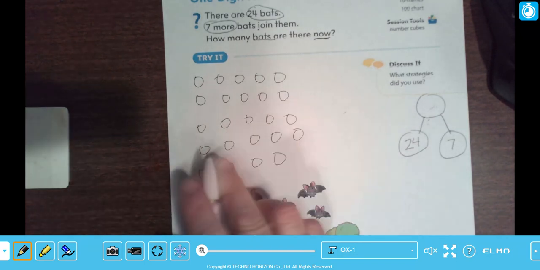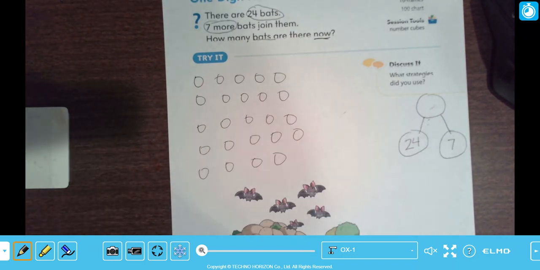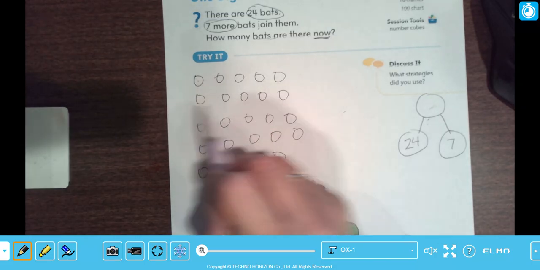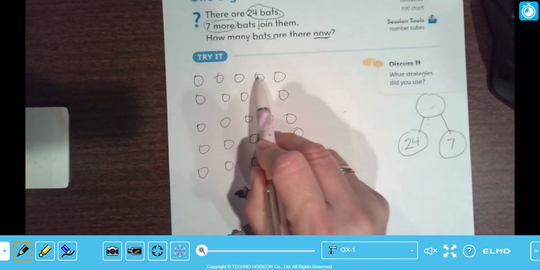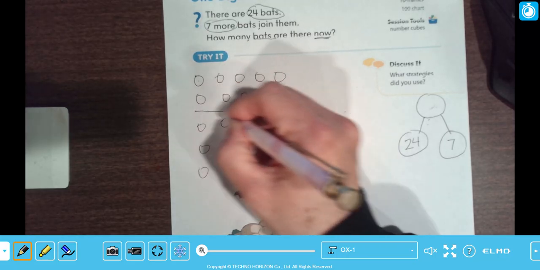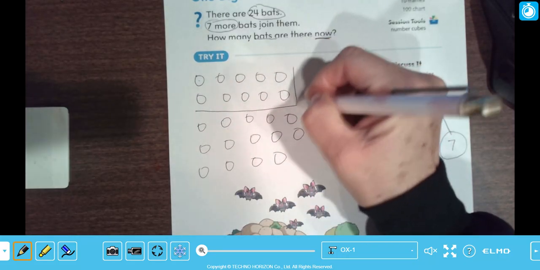Okay, so there's my 24 circles. Okay, lovies. Now I'm going to circle 10. I'm going to put a box around 10. 1, 2, 3, 4, 5, 6, 7, 8, 9, 10. So that's 10 right there. I'm going to draw the line and make a box.